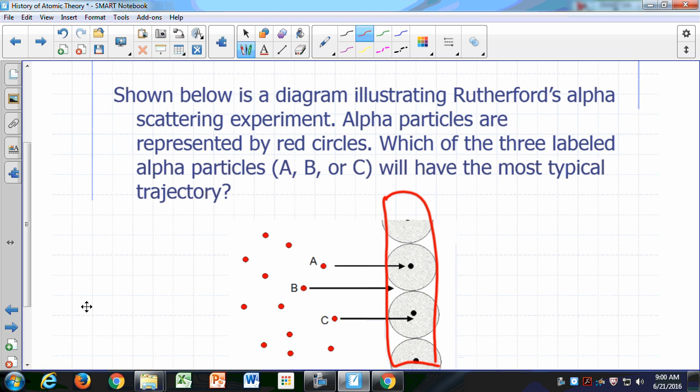Well, it's mostly empty space, so this is at least 10,000 times bigger than its individual nucleus, then most of your particles will just pass through with a minor deflection like particle B right here. So this would be your typical trajectory.